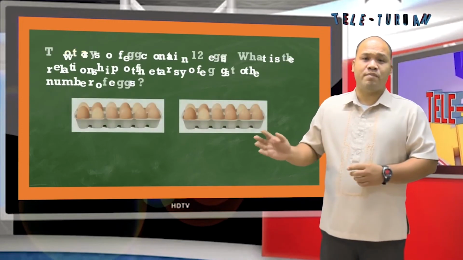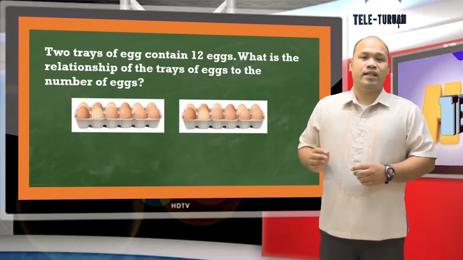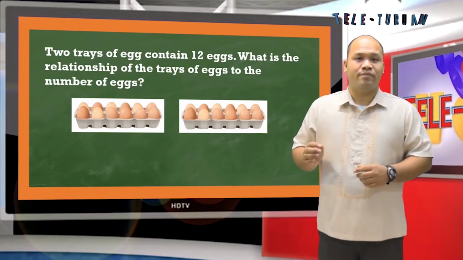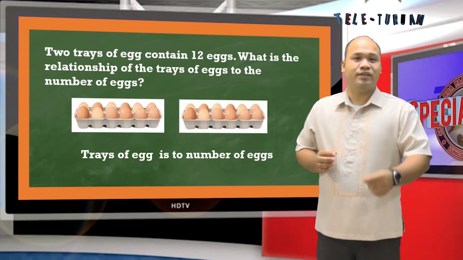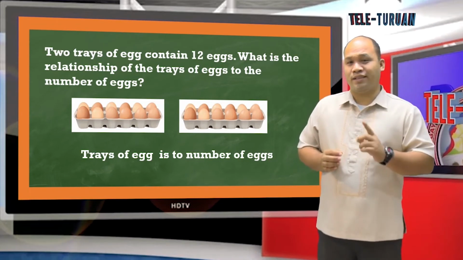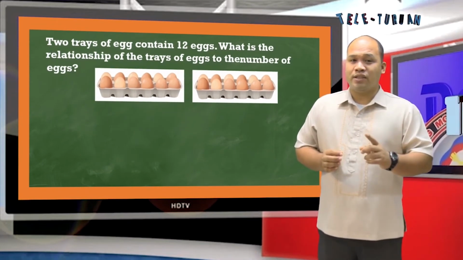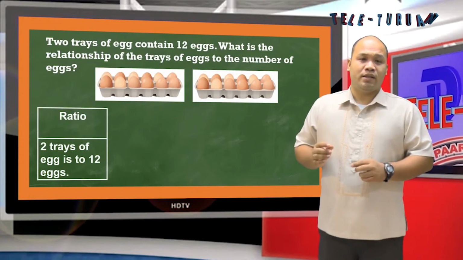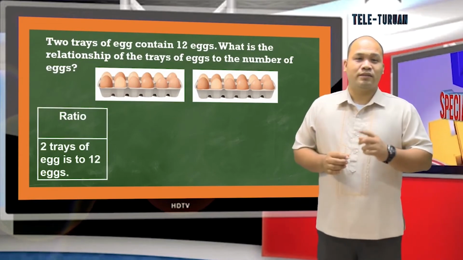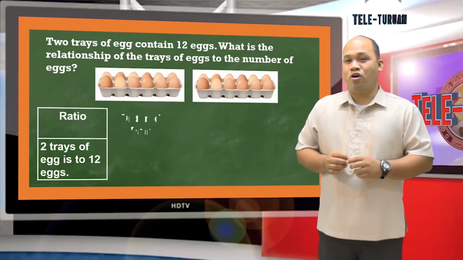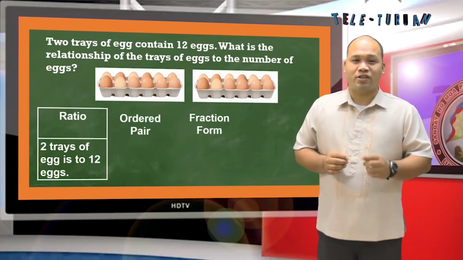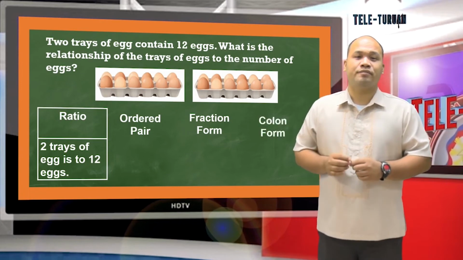Going back to the problem, what is the relationship of the trays to the numbers of eggs? Very good. The relationship is called a ratio. The ratio is 2 trays of eggs is to 12 eggs. Now, a ratio can be written in 3 ways: ordered pair, fraction, and column.